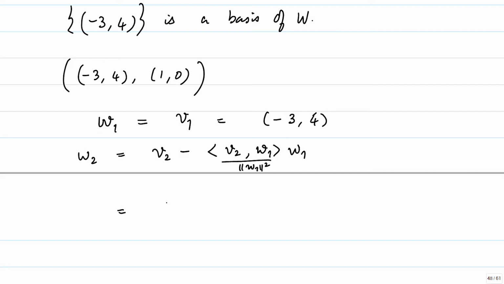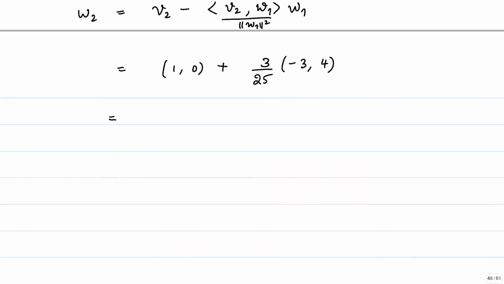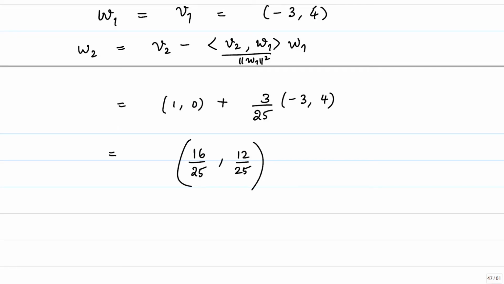So this is going to be 1, 0 minus inner product of V2 with W1, which is minus 3, so this is going to be plus 3 by 25 times minus 3 comma 4, which is just going to be... Oh, I'm sorry, that's wrong. It's going to be 25 minus 9, which is 16 by 25, and this is going to be 12 by 25. Alright, so let's now normalize this.